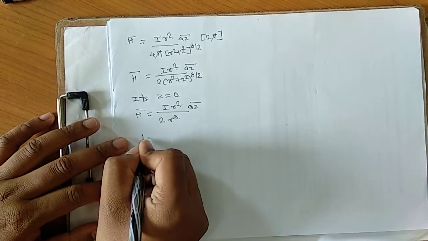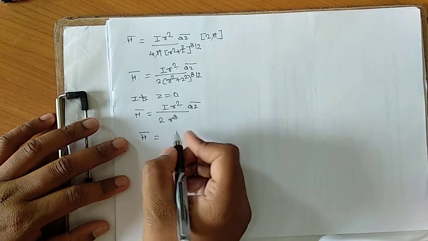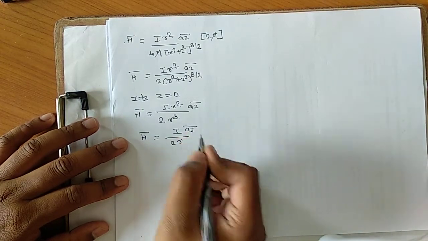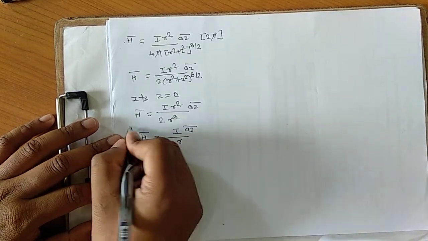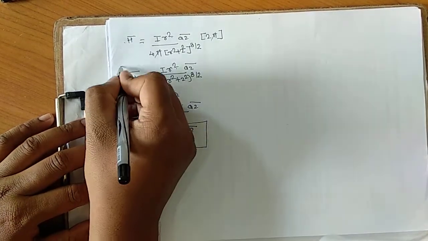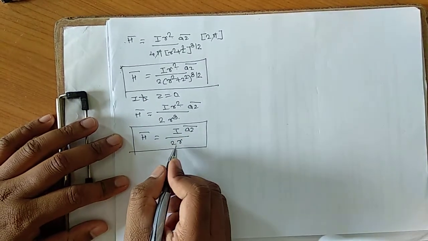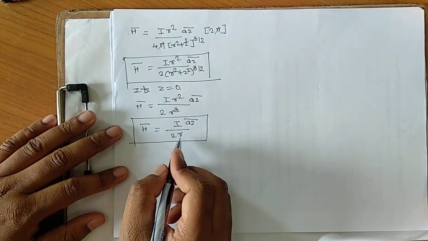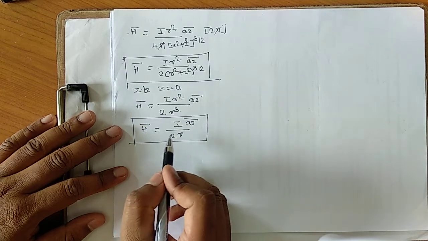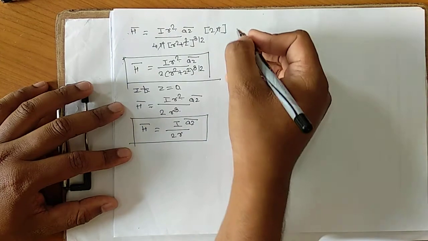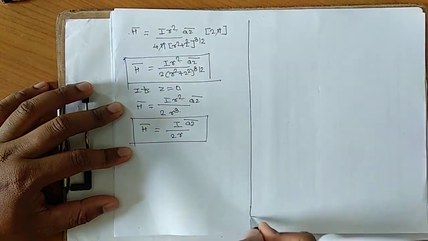So H bar is equal to I divided by 2R AZ bar, and this is also a solution. This solution applies when the point is on the XY plane, so that time you have to give this solution. H bar is equal to I divided by 2R AZ bar. So we'll solve one problem on this.